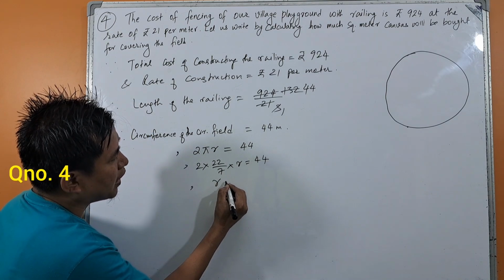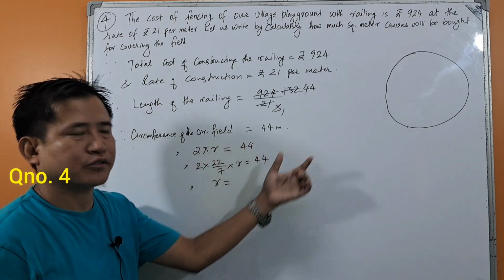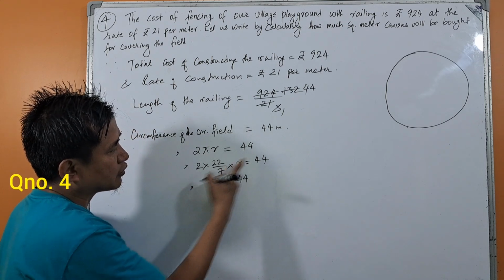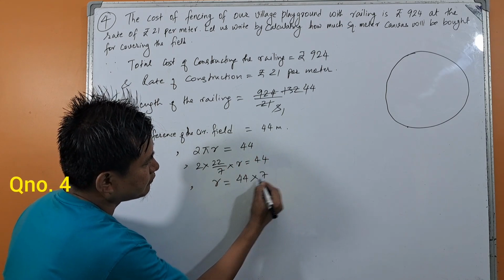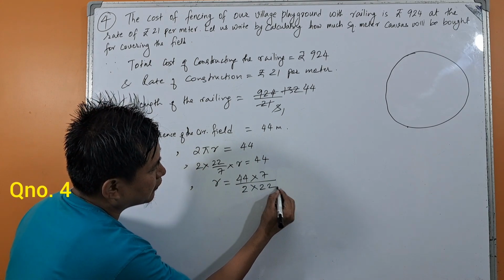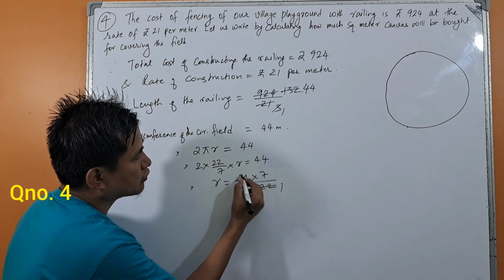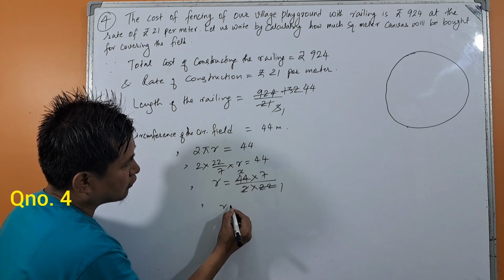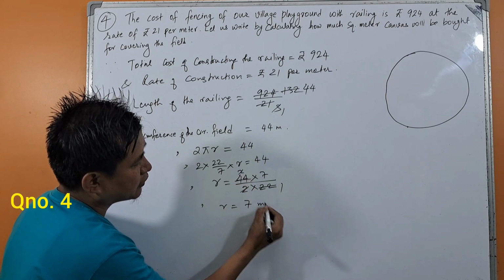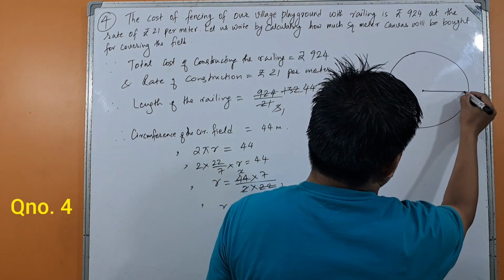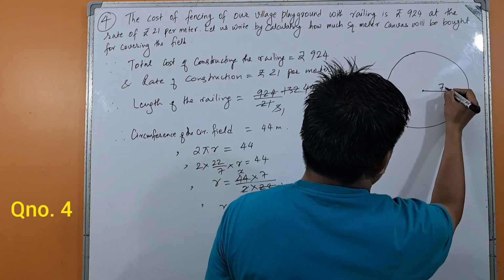We keep r on the left hand side and take the rest of the numbers to the right hand side. We have 44 already on the right hand side. This 7 goes to the numerator, and 2 into 22 goes to the denominator. 22 1s are 22, 22 2s are 44. 2 and 2 cancel out, so r equal to 7 meter. So we got the radius of this circular field: 7 meter.